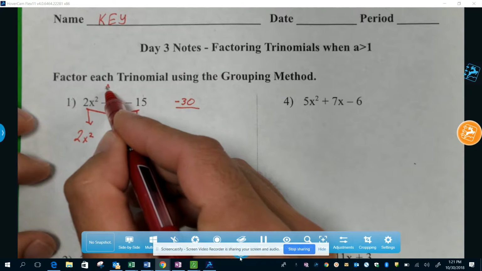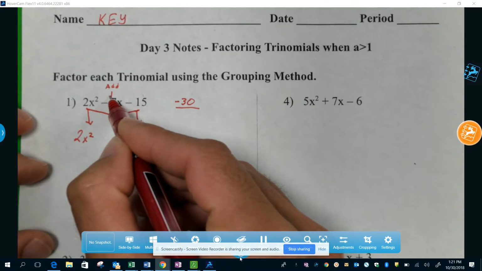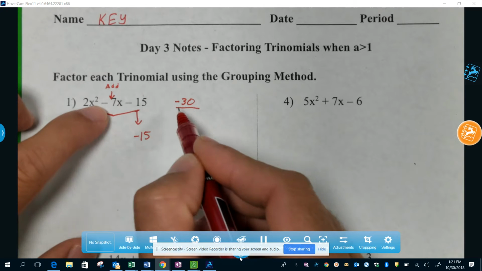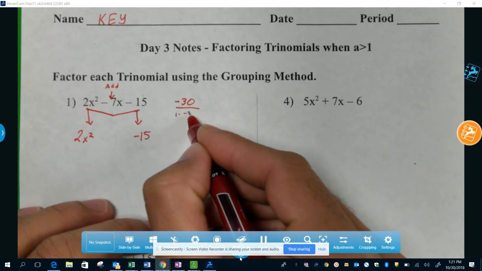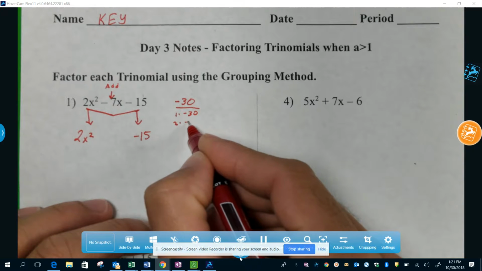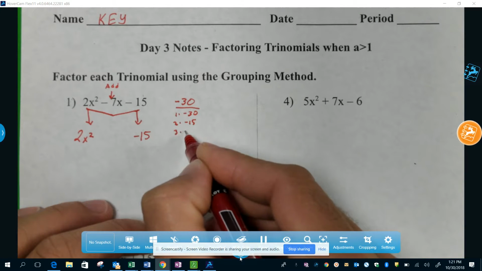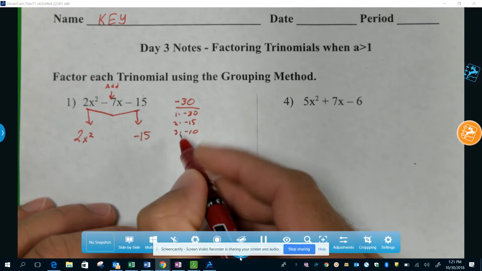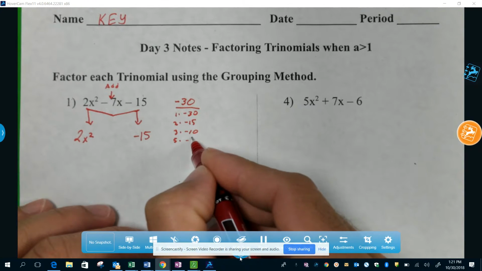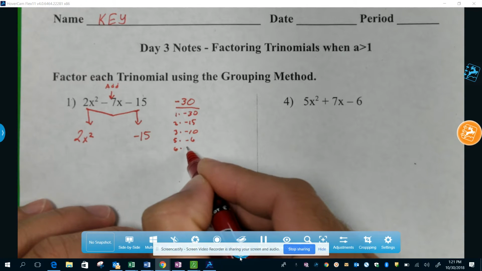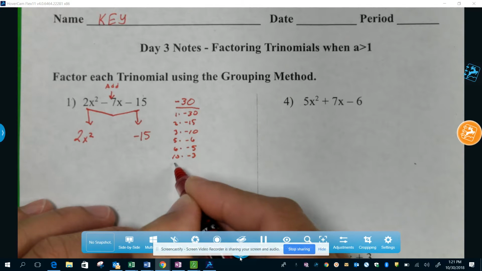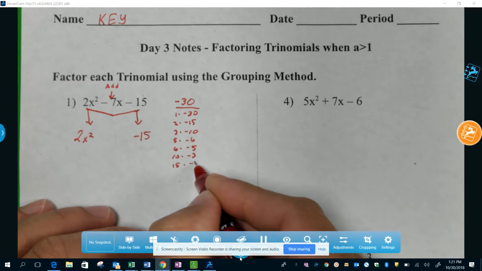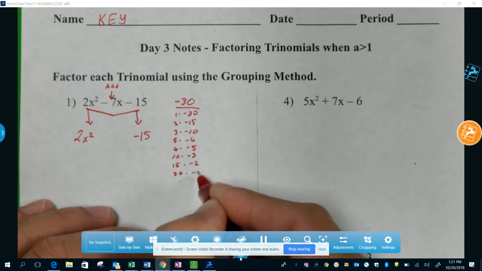I'm still using my middle term of negative 7 as my sum. So the options for negative 30: 1 times negative 30, 2 times negative 15, 3 times negative 10, 5 times negative 6, 6 times negative 5, 10 times negative 3, 15 times negative 2, and 30 times negative 1.